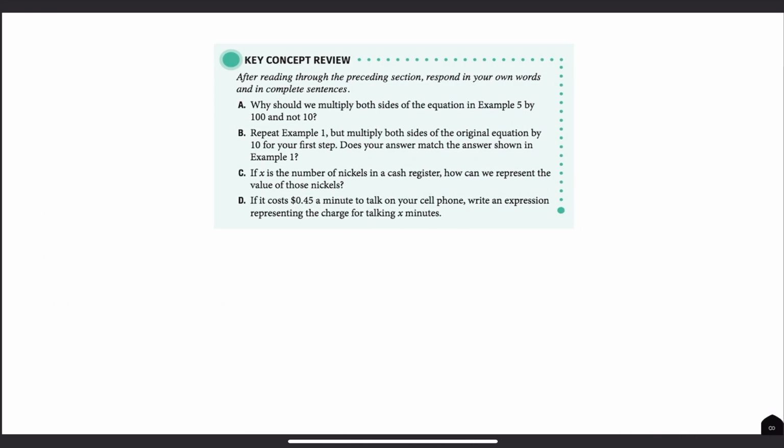So let's review some of the key concepts here. Part A is about an example that we didn't do, but the concept is important. So if we have a question like this, we can always, instead of dividing both sides by the coefficient, multiply both sides by something in order to not have a decimal anymore.